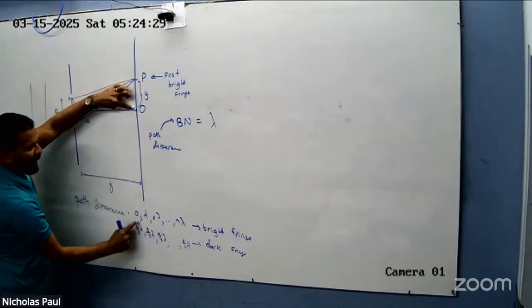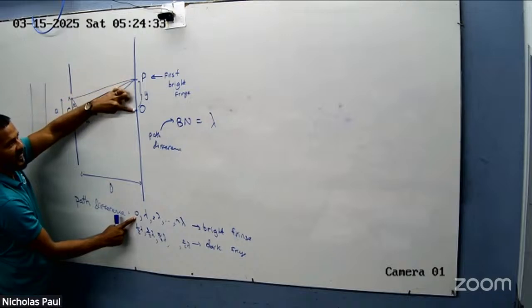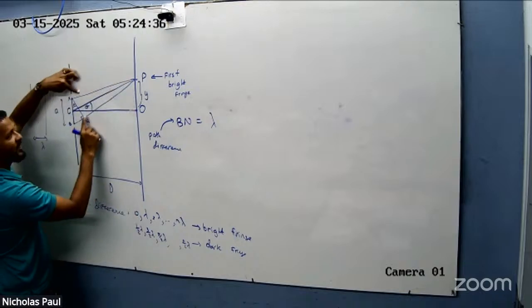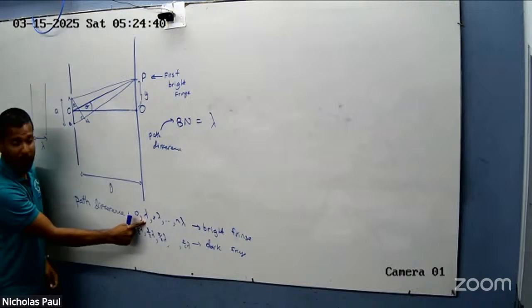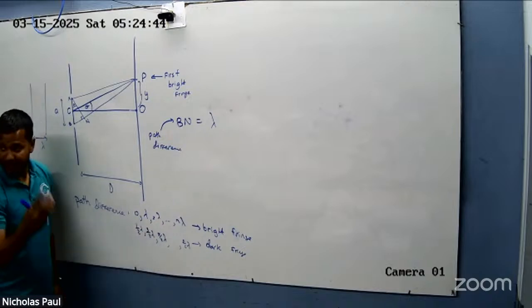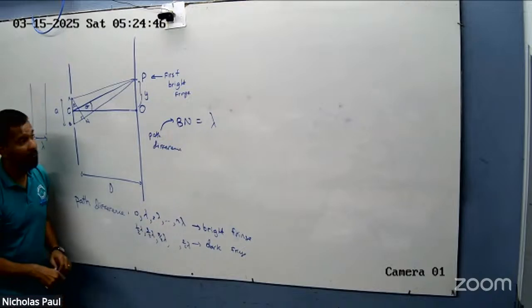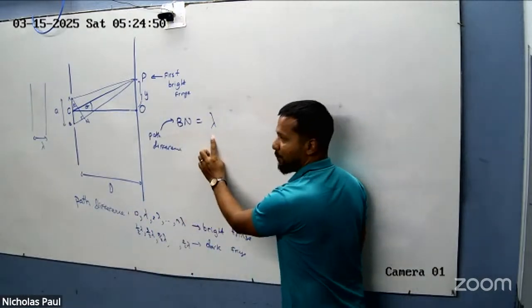So the path difference is 0. Now to the first bright fringe, that is central. Now to the first, the path difference according to this will be lambda. To the second bright fringe, their path difference will be 2 lambda, and so on and so on. So now we could see that BN is lambda.